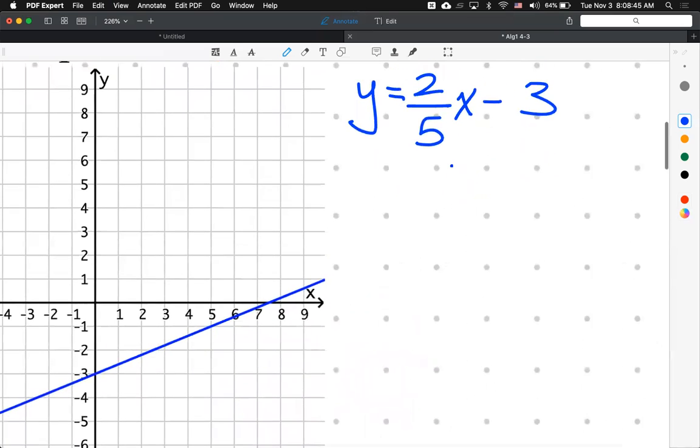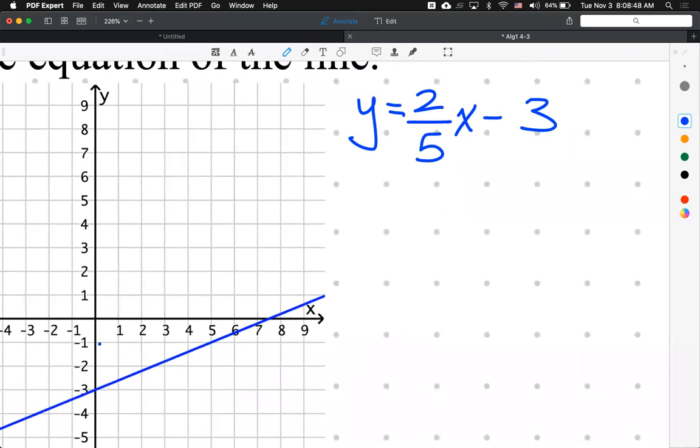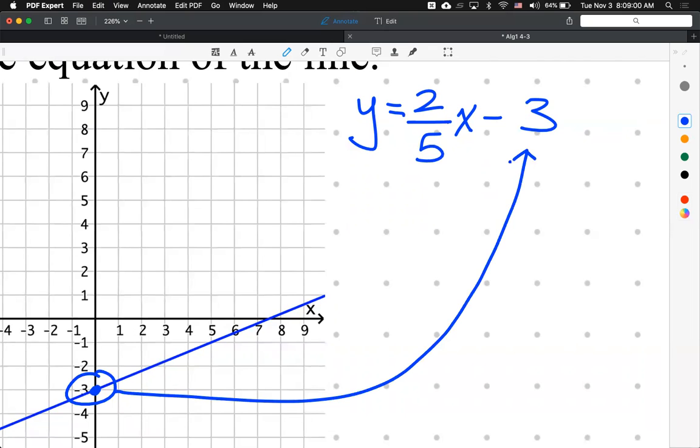Just making sure that everyone knows where these numbers are coming from. -3 is where we intersect this y-axis, this vertical axis here. It intersects at -3, so -3 is our value of b. And then in terms of slope, we're looking for 2 lattice points. A lattice point just means it crosses one of the crosshairs here. So I have a lattice point here at 5, -1.